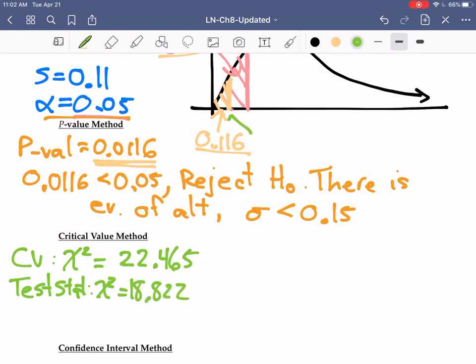And so, since that test statistic, 18.822, happens to be smaller than our critical value, 22.465, then we are going to reject the null hypothesis. We are in that region of rejection.